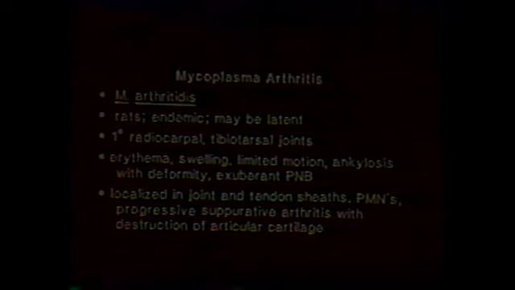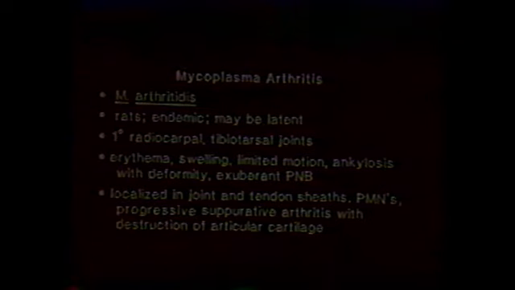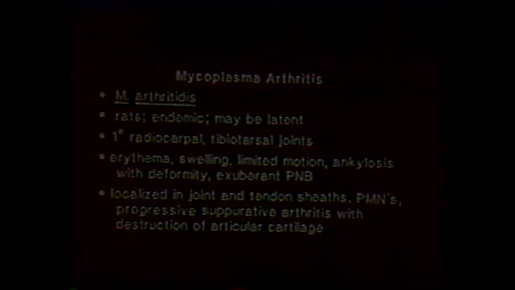It's primarily the tibiotarsal joints and radiocarpal joints that may be involved, and what we'll see would be some erythema and swelling over those joints. Some decrease in range of motion, if you can measure range of motion in a rat, and it may progress to ankylosis with deformity. Okay.